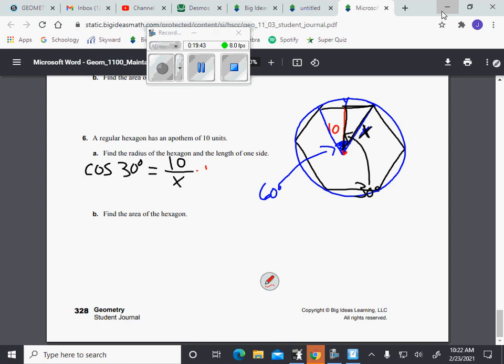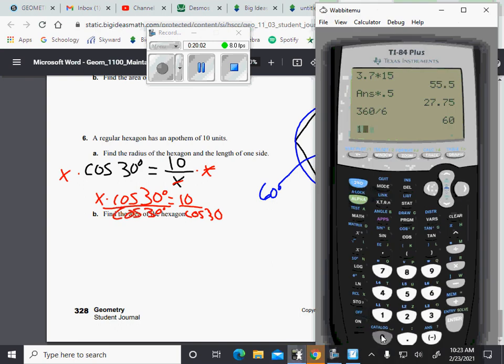Multiply by x on both sides. So we're left with x times the cosine of 30 equals 10. Divide by the cosine of 30. 10 divided by the cosine of 30 is 11.5.